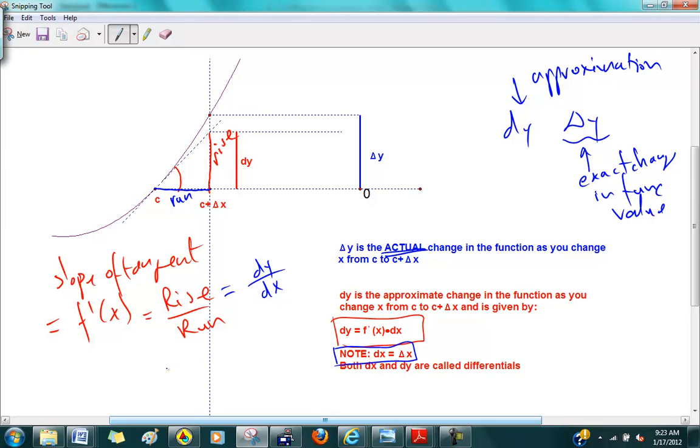And therefore dy is equal to f prime of x times dx if I cross multiply. That's where this equation comes from. Okay, all right? Everybody got this down? Okay. All right, got it.